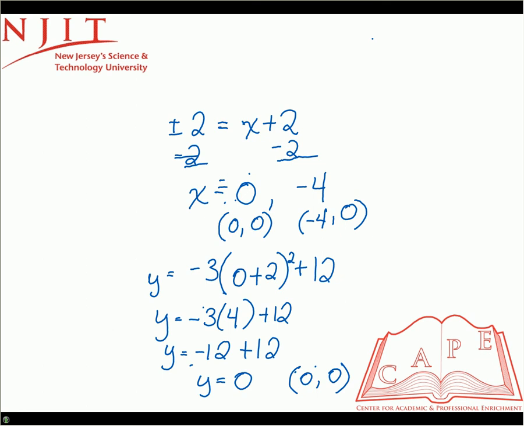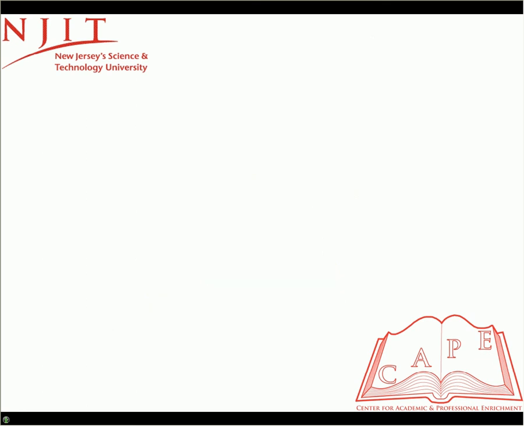So now we have everything we need to graph the parabola. So let's do it. Okay, I'm going to draw big. And it's good for practice as you go along to label points.